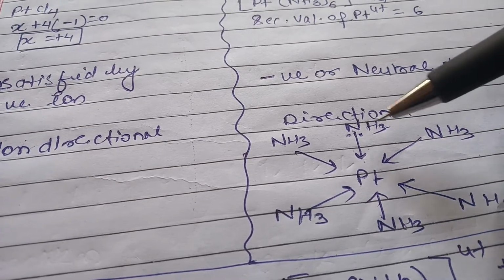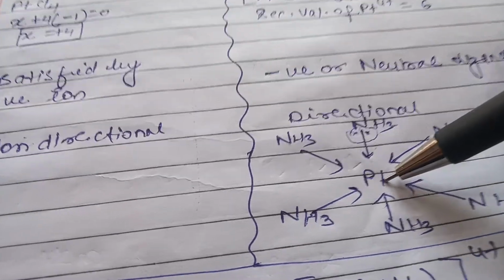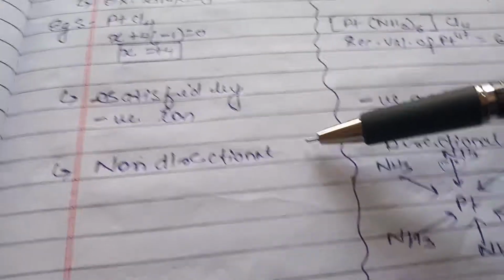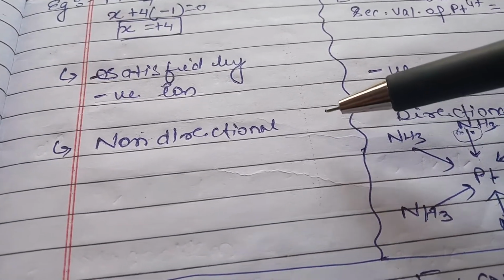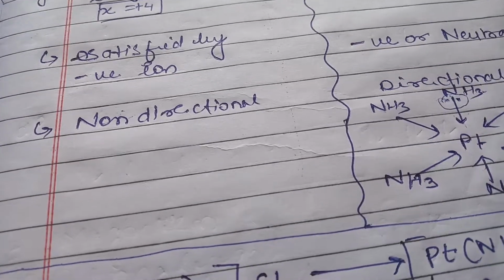As we can see that the direction of the electron is from ligand to metal, we can say that it has a directional character. Meanwhile, in an ionic compound, we are not able to see any particular direction, so it is said to be non-directional in nature.